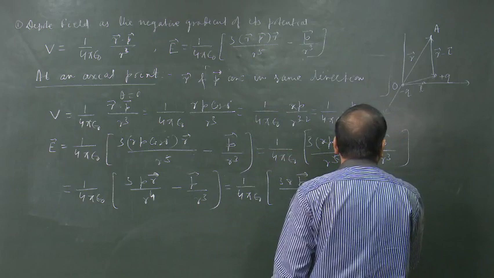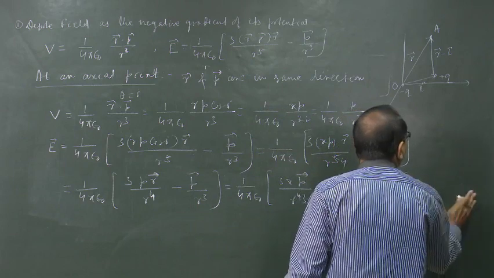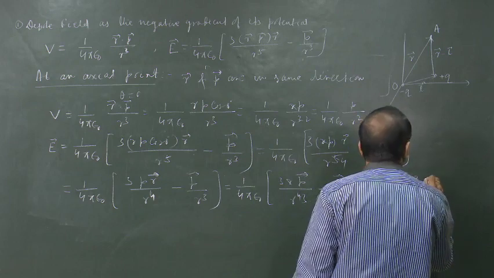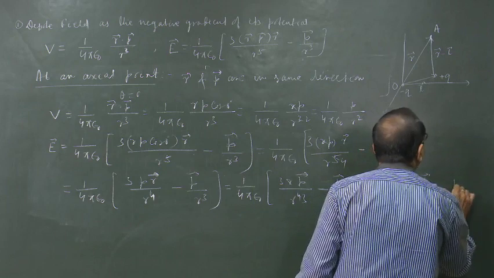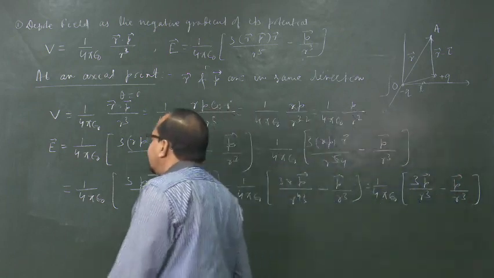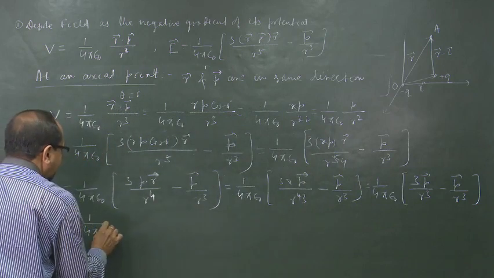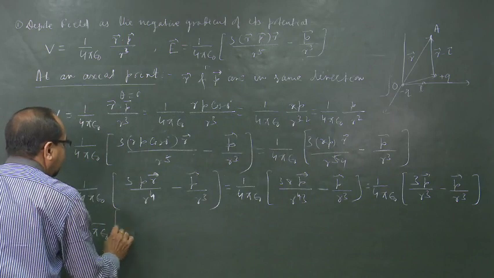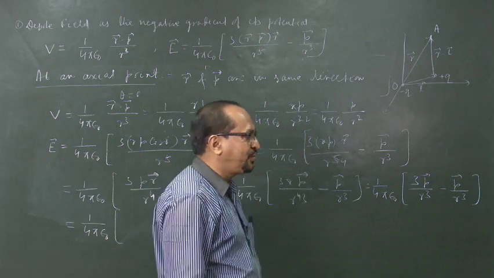And it is now equal to 1 by 4 pi epsilon naught into 3 p by r cube minus p by r cube, which becomes 2 p by r cube.